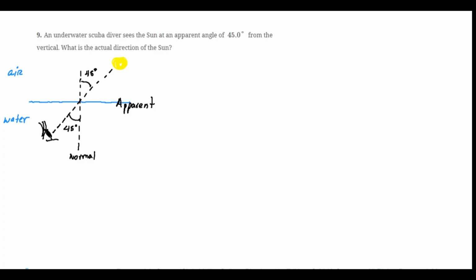So what happens in reality? What happens in reality is that we have the water surface here. We have the normal.